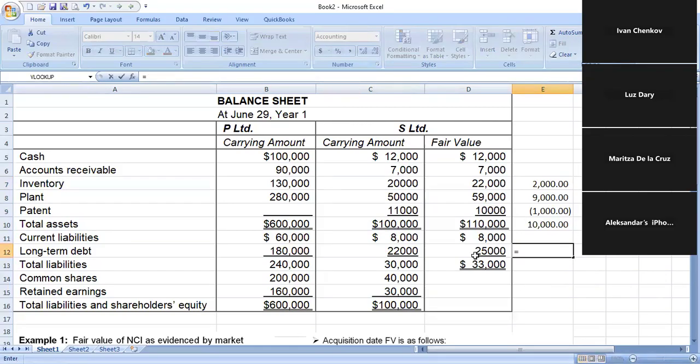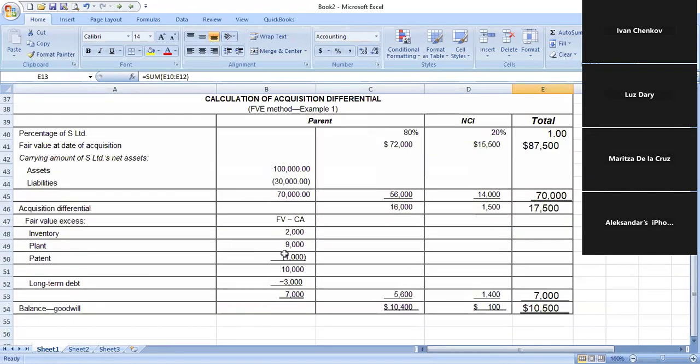Let's change the formula. That will be this one minus that one. Increase in liability of 3,000. The net change will be 7,000. Make sense? So the same thing here: 10,000 here, an increase in long-term debt of 3,000. So the net change is 7,000.